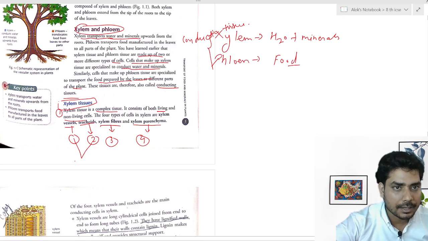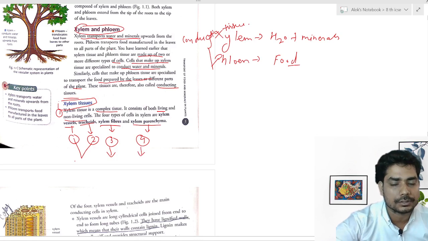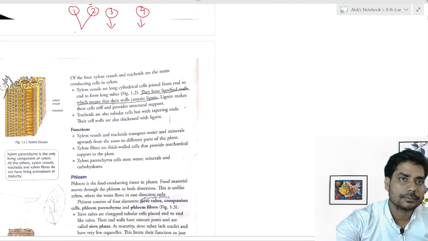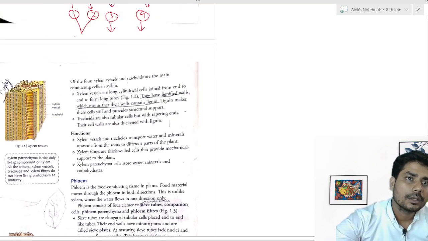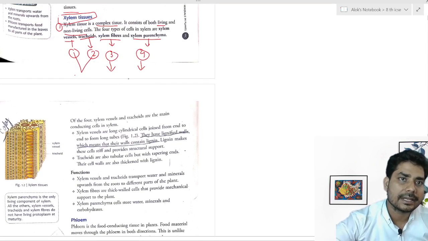Xylem fiber gives mechanical support to the plant, and xylem parenchyma stores food and water, which is living. Vessels, tracheids and xylem fiber are dead cells. Only xylem parenchyma is a living cell.